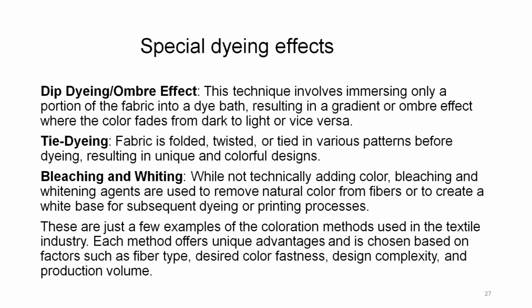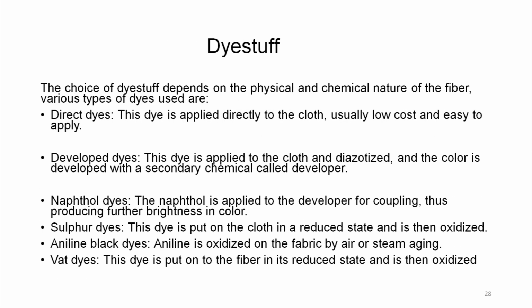So, these are just guidelines to tell you that these are the processes which are being used, but not all of them are used at the same time. It depends on the type of fabric, where it should be used and how it should be used, and the type of printing method or dyeing method that it can or should undergo.